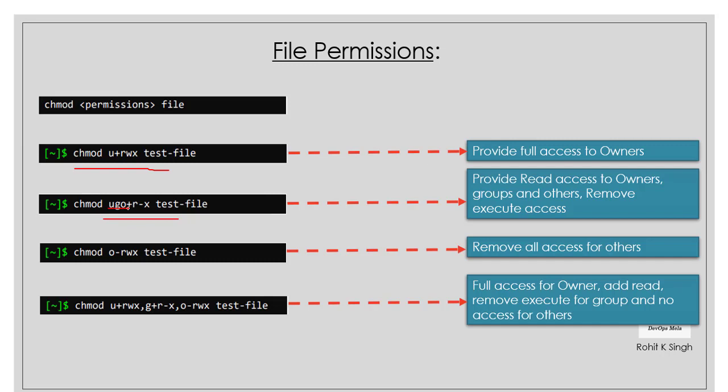UGO stands for user, group, others, and we are giving plus, and we are just giving read and execute permission. And this dash means you're not giving write permissions. Okay. Removing read, write, x permissions. This is how, if you want, you give the user read, write, execute permission, the group just read and execute permission. This is how it is done.